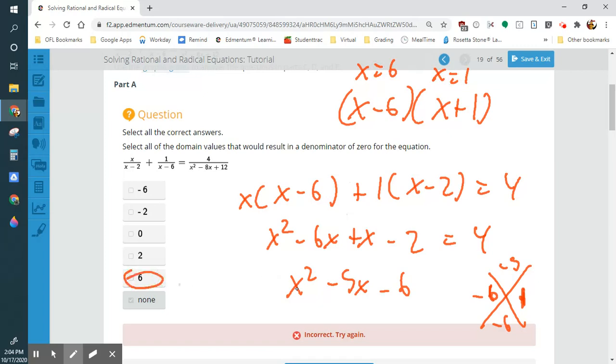So we have this answer. Why does negative 1 not work? Who knows? Let's try this right here. I'm just going to do the math in my head. So we have negative 1. This one, if we plug in, well, this is supposed to be negative 1 anyway. Oh my gosh.